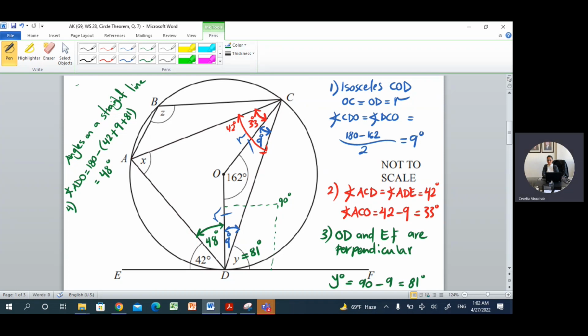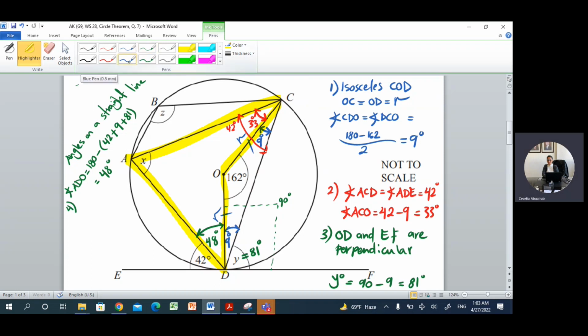All right. So step number 5. We keep looking at the shape, and I will be thinking of circumference angle DAC, which is X, and center angle or angle at the center DOC.